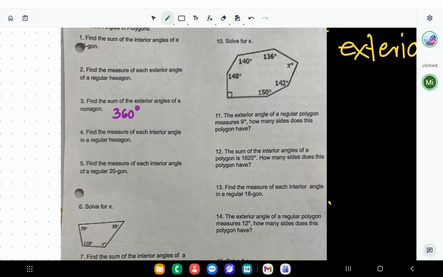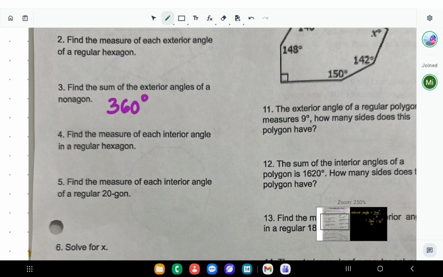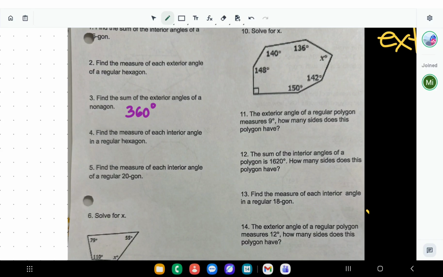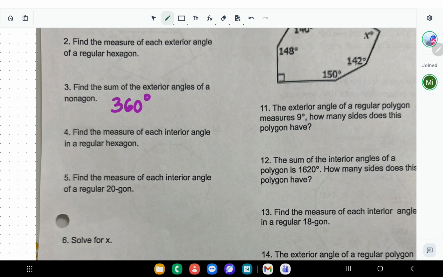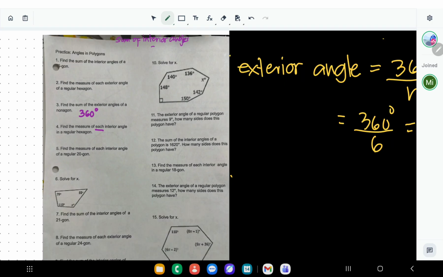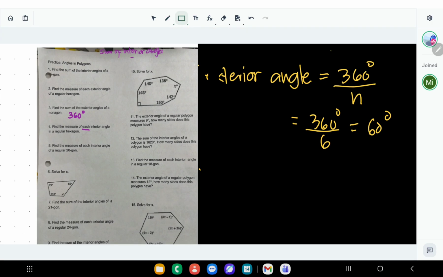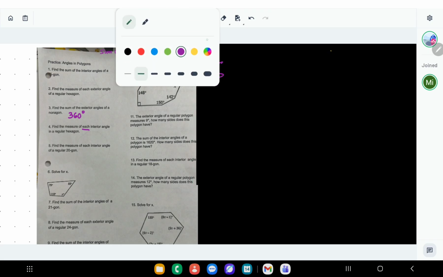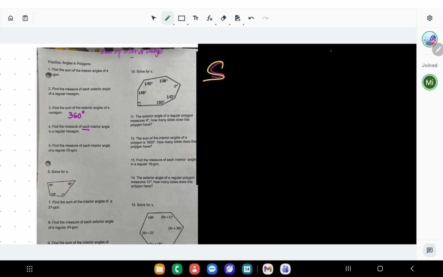So next one. Find the measure of each interior angle of a regular hexagon. Say each, so you need to find the sum first. So what's the sum? Sum of interior angles. This is interior, right?